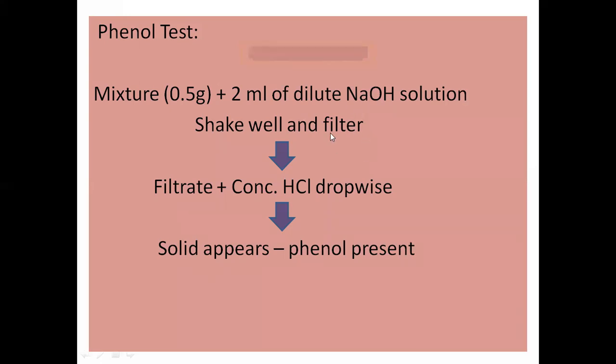Phenol normally is a weak acid, so it forms the salt. H is replaced by Na, so it becomes the salt, the salt of phenoxide ion, the salt of phenoxide ion. So it gets dissolved in water.